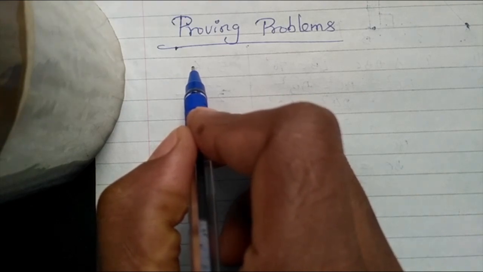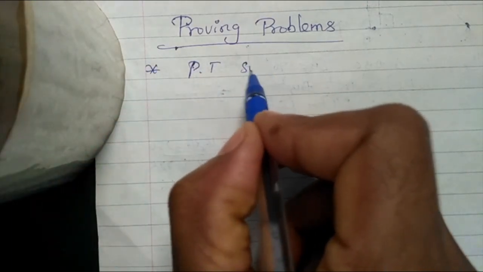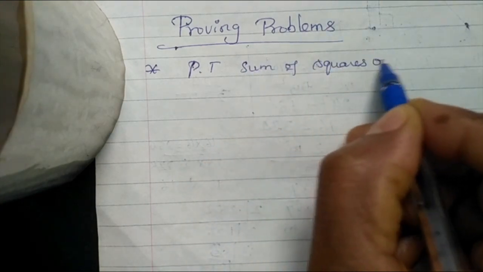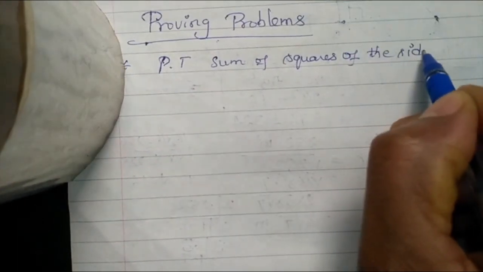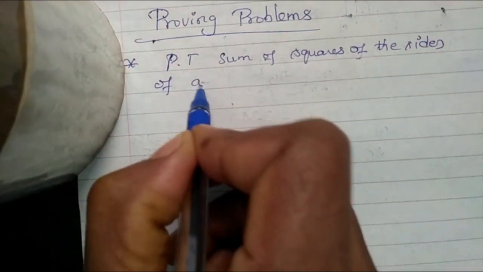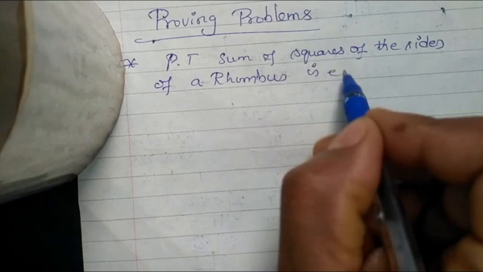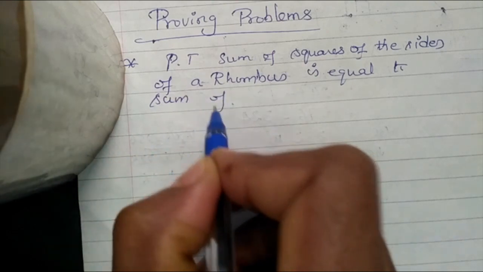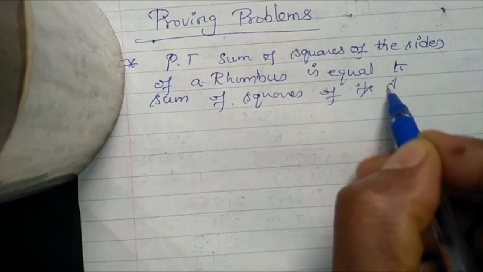The first one in the proving problems: prove that sum of squares of the sides of a rhombus is equal to sum of squares of its diagonals.